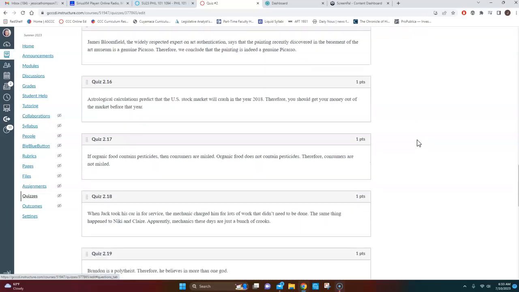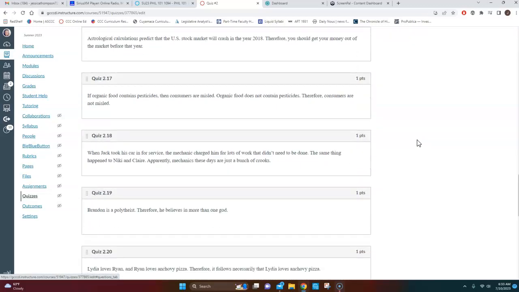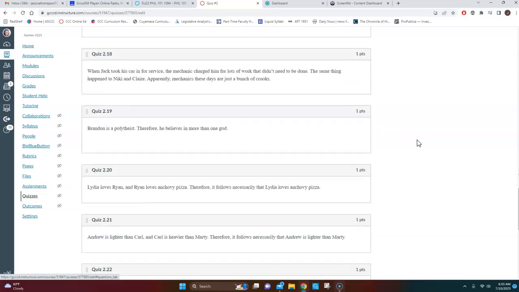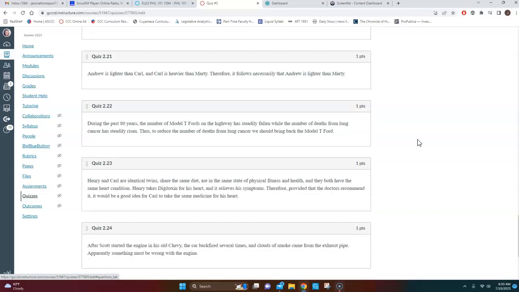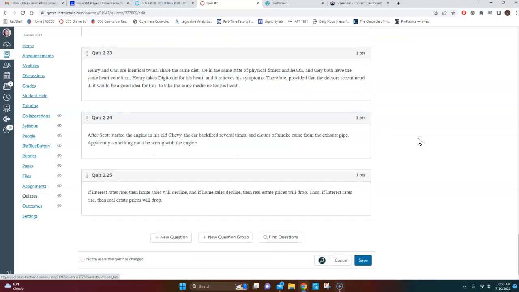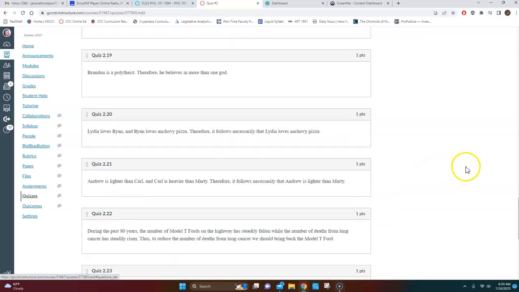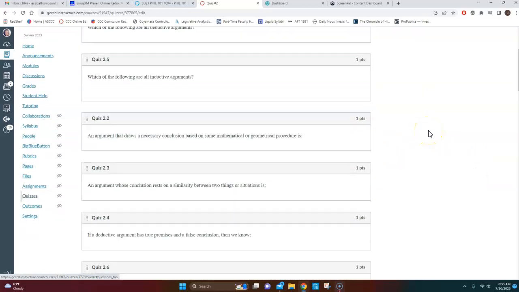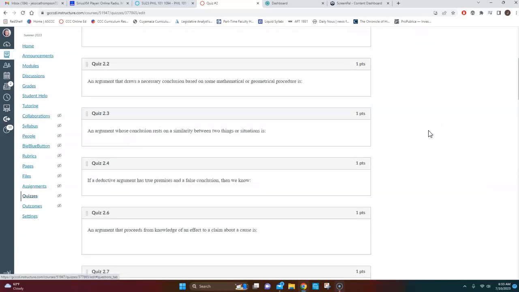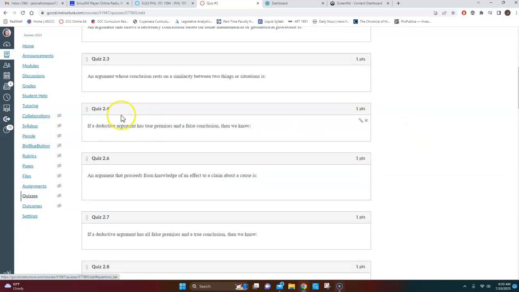So here's what we're looking at. Now let's answer one from each section. Here's one: if a deductive argument has true premises and a false conclusion, then we know what?